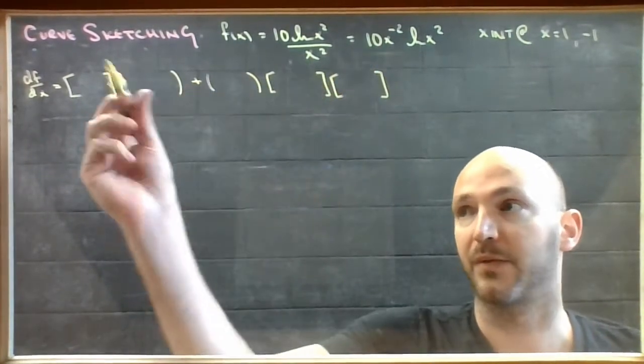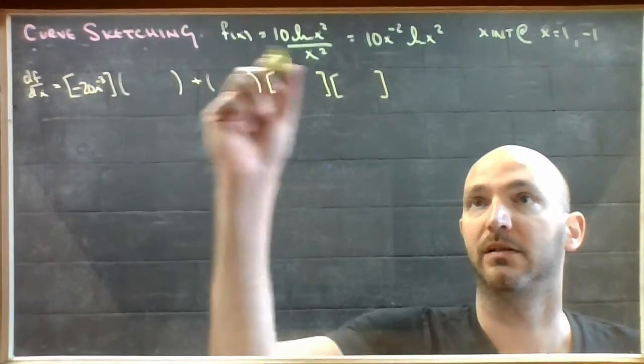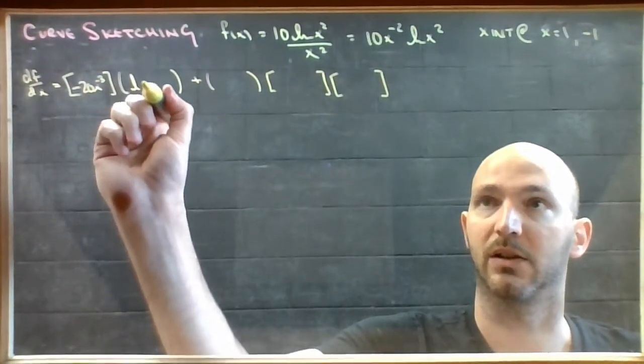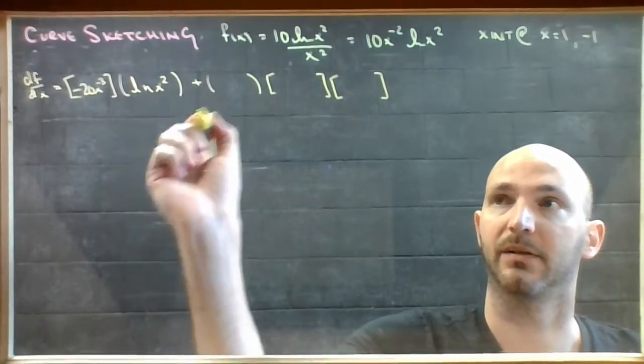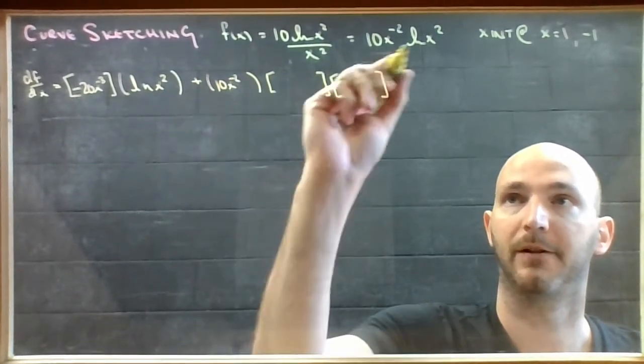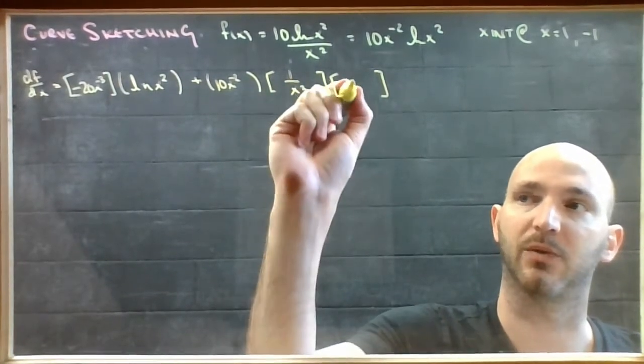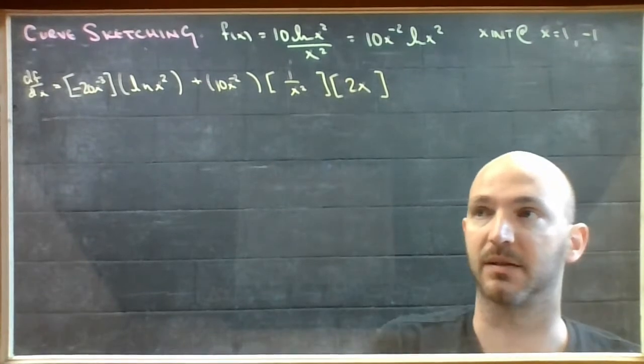So derivative of the first is negative 20 x to the negative 3. Leave this alone is ln x squared. Leave this one alone, 10x to the negative 2. Derivative of a ln is 1 over the argument, and then the derivative of the argument because it's not simple.